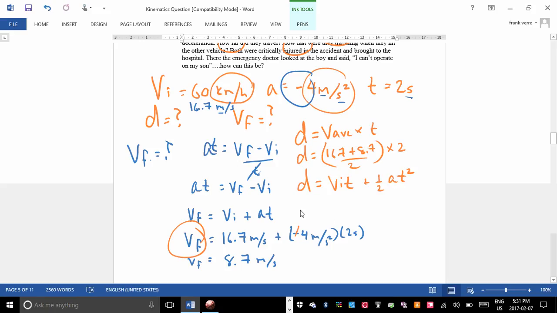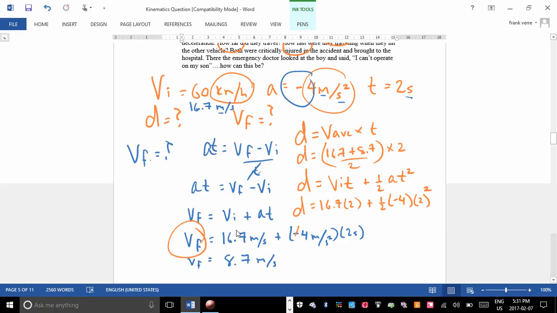But if you plug it into this equation, keep in mind that your sign is very important. So if this first part is 16.7 times 2, then make sure that you put in a negative sign here when we're dealing with the acceleration.